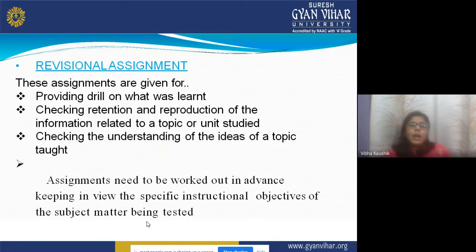These assignments are given for providing drill, means exercises on what was learned. Anything the teacher has taught in the class, the teacher wants the students to go through the topic, the content, or the chapter again, so he is giving assignments related to that.